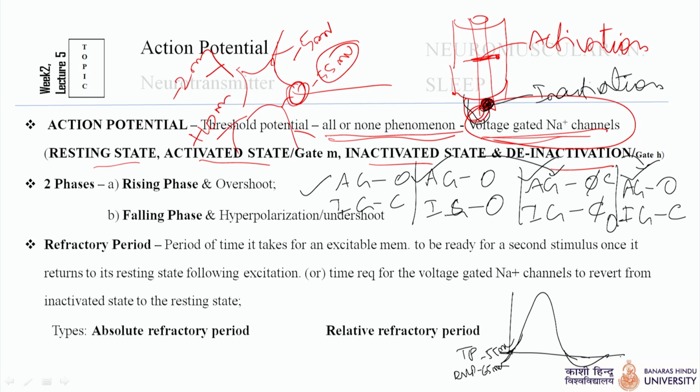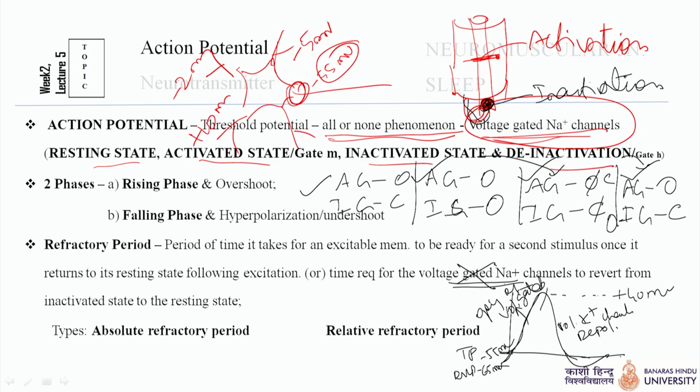Once it reaches it, it immediately causes the opening of the voltage gated sodium channels. Then when it reaches around plus 40 millivolt, suddenly it causes the closure of the voltage gated sodium channels and the opening of the voltage gated potassium channels. This phase is called repolarization.